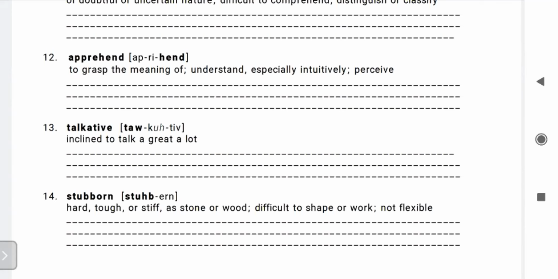To understand something, to apprehend. Also, we use it to grab, or we also use this word to arrest someone. So that's an easy way for you to remember: when we've grabbed something, we've arrested that thing. So that's another way. Now, can you make two sentences with it?